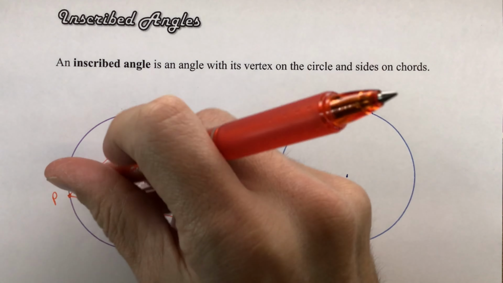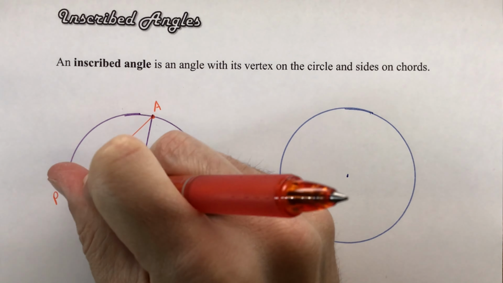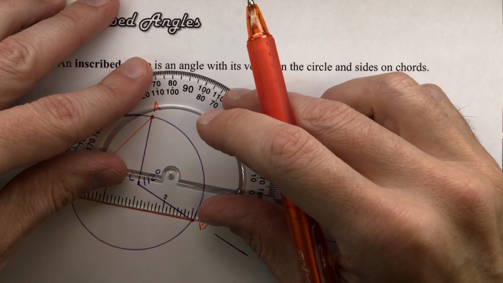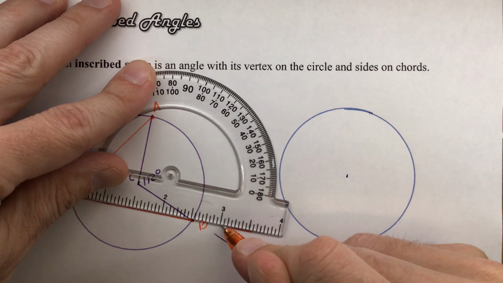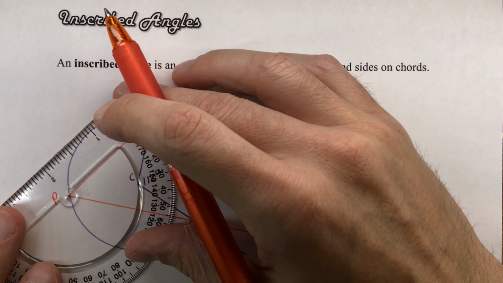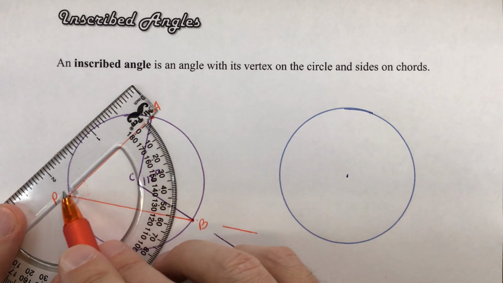All right, the inscribed angle, I suppose I'll need to extend this out a little bit too. Okay, the inscribed angle, which will be an acute angle here, right? It's smaller in size.